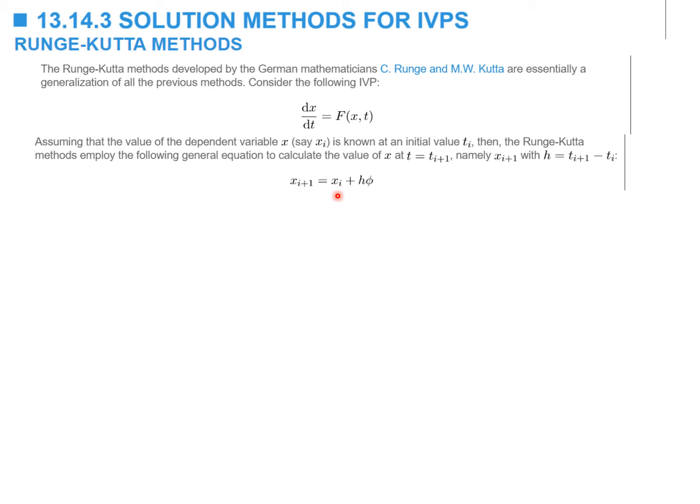The Runge Kutta methods give the general equation that if x sub i is the value of x at an initial time t sub i, then the value of x sub i plus 1 at time t sub i plus 1, after a time increment h, is given by x sub i plus 1 equals x sub i plus h multiplied by phi, where phi really represents the rate.